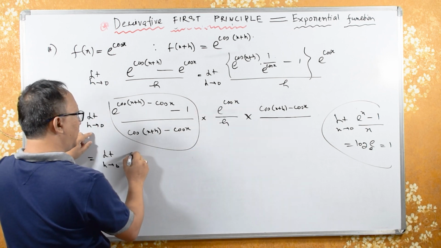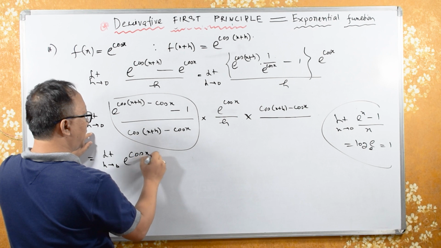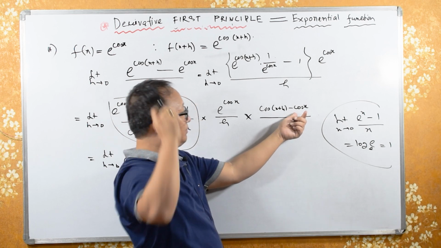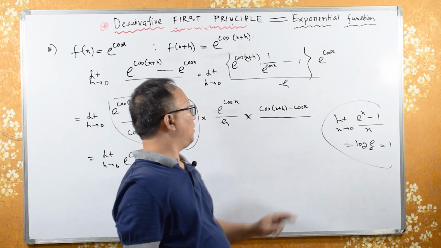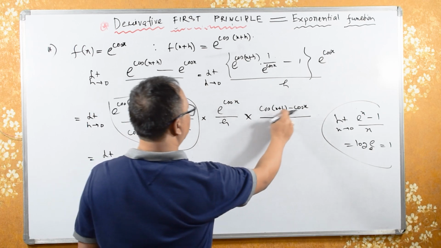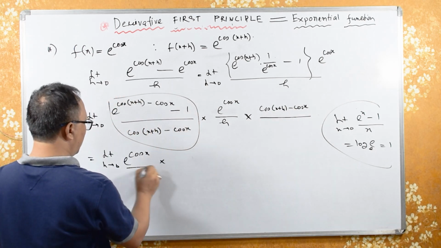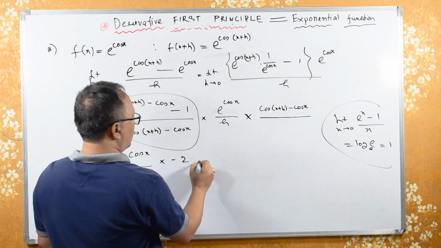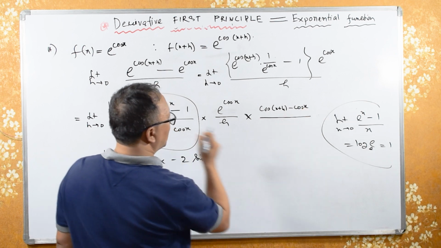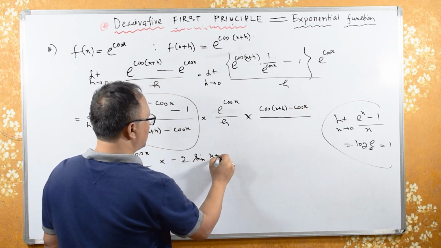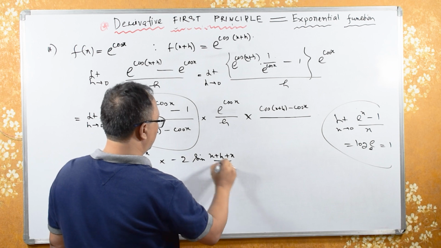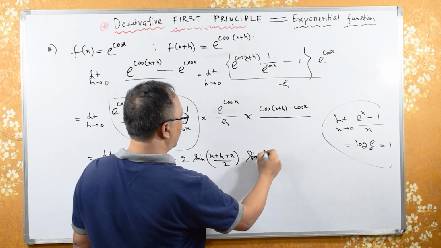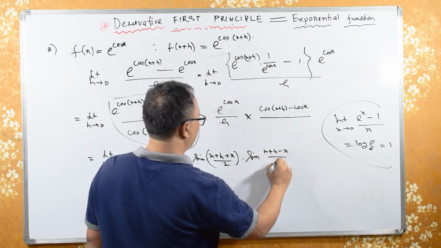Here we have e raised to cos x into, now we have to rationalize, or you can do one thing, you can expand cos c minus cos d upon h. Cos c minus cos d is minus 2 sine of c plus d upon 2, that is x plus h plus x upon 2, sine of c minus d upon 2, x plus h minus x upon 2.